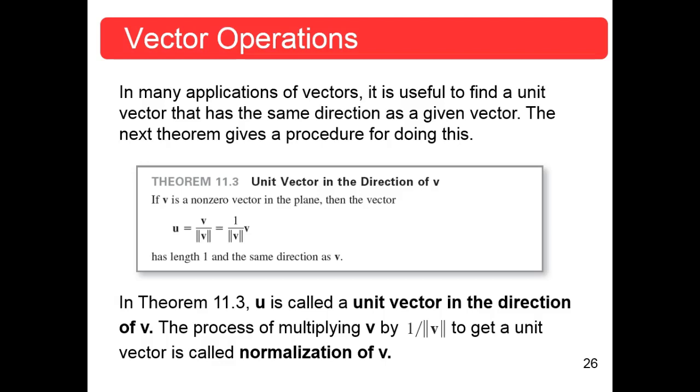But when you see normal a lot in math, normalization means reduced to 1. It doesn't mean the regular expected. It means reduced to 1. So the magnitude is reduced to 1.